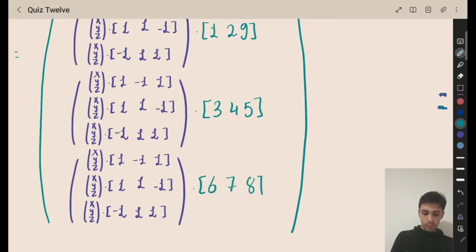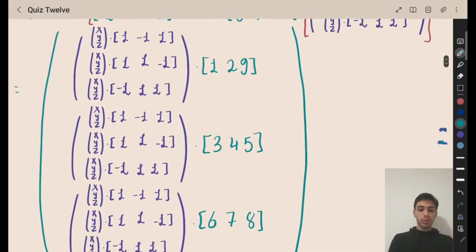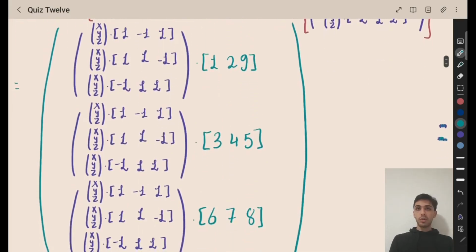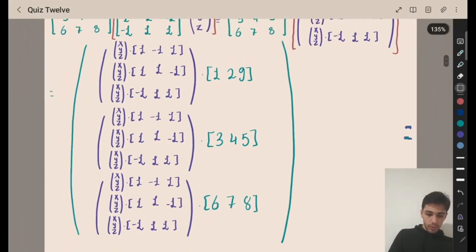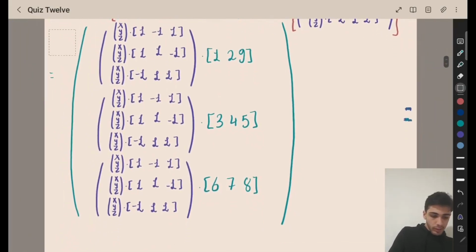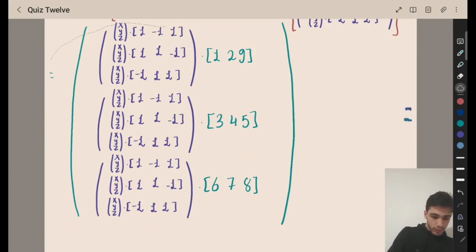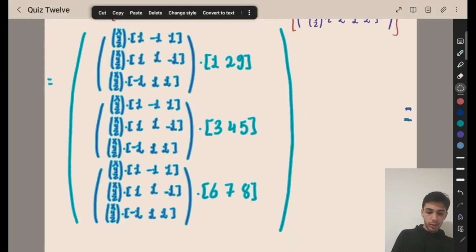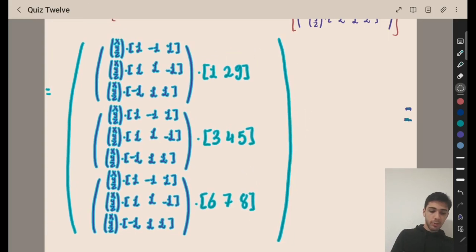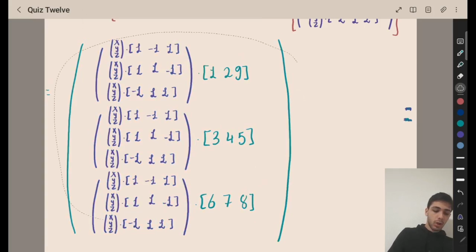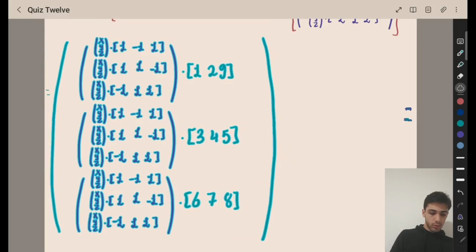Now, what should this give me? That is a good question to ask. Let me tell you what it should give you. So the answer in this case is to precisely treat the entries of the vector, the very complicated vector that we have here, as constants. And I'll make this clear in just one moment.